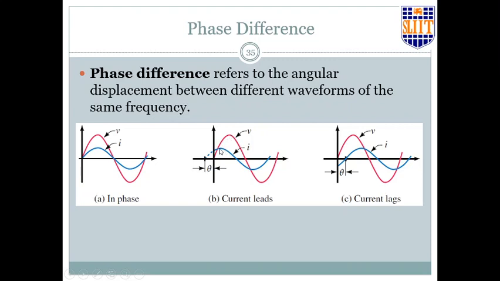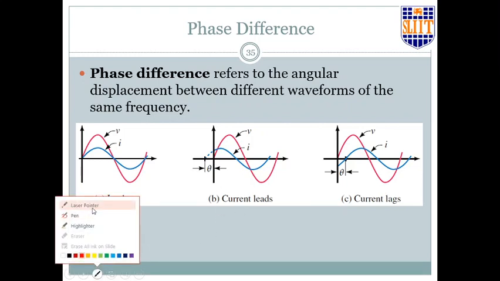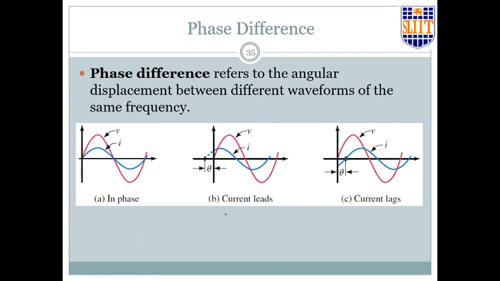In that case, voltage is lagging, current is leading. So let's write that part as well. Current leads, voltage lags. Now in this case, current lags because as you can see here, current is a little delayed from the voltage, so it is lagging behind. That is what is meant by lags. So current lags, meaning that voltage is leading. Voltage leads.